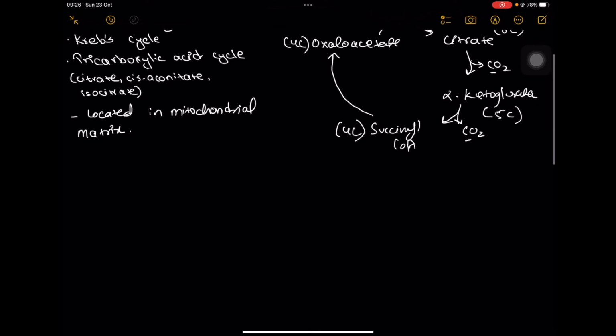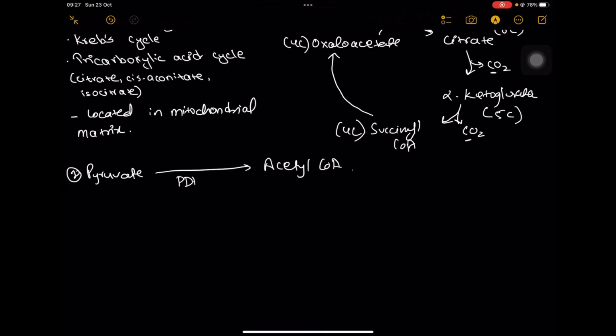Now let's learn the TCA cycle step by step. First of all, pyruvate is converted into acetyl CoA via the enzyme pyruvate dehydrogenase, and here a molecule of NAD is converted into a molecule of NADH.